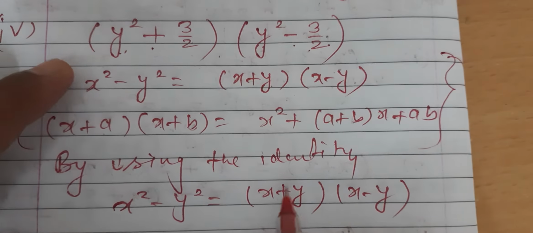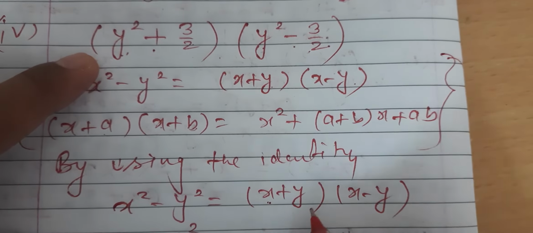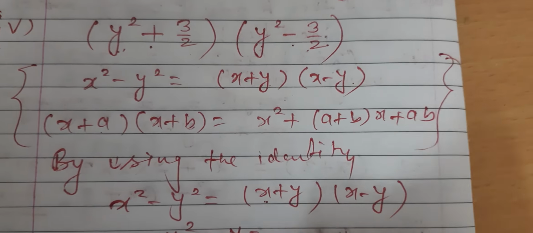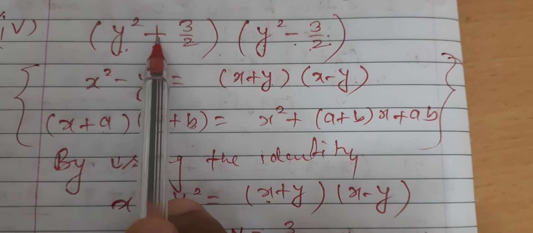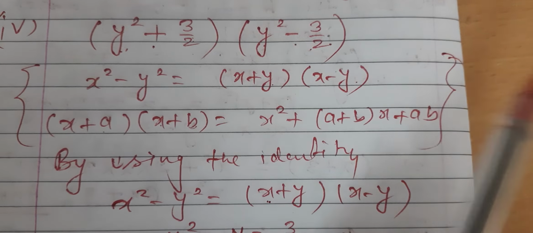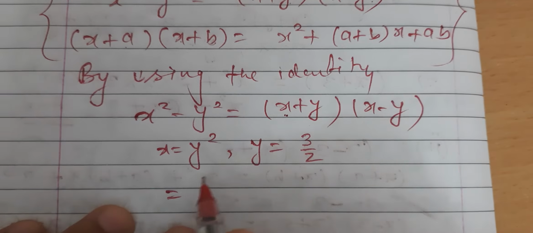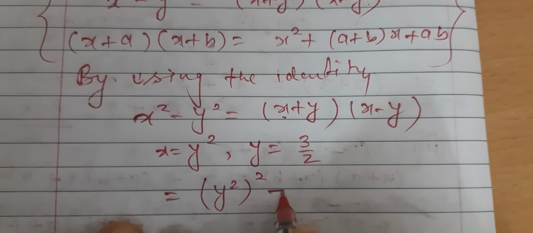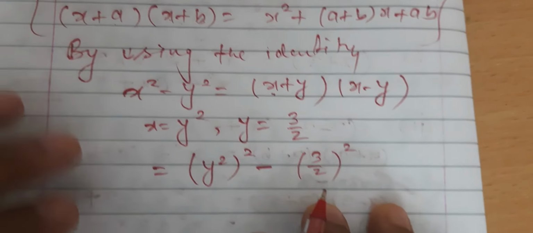Here when you compare, you will find that at the place of x we have y², and at the place of y we have 3/2. So (x + y)(x − y) will be equal to x² − y². X² means (y²)² minus y², here y is 3/2 squared.